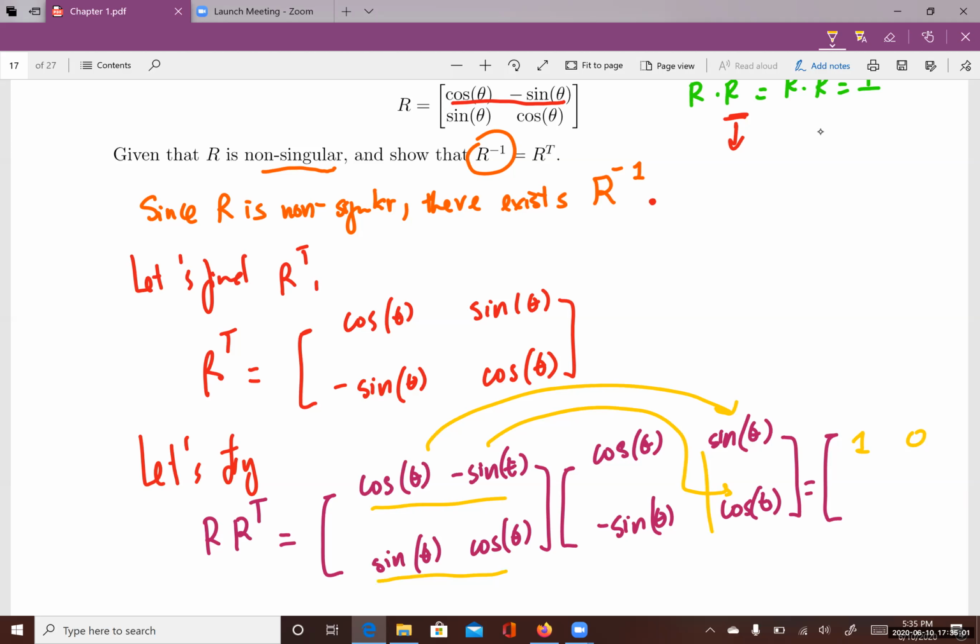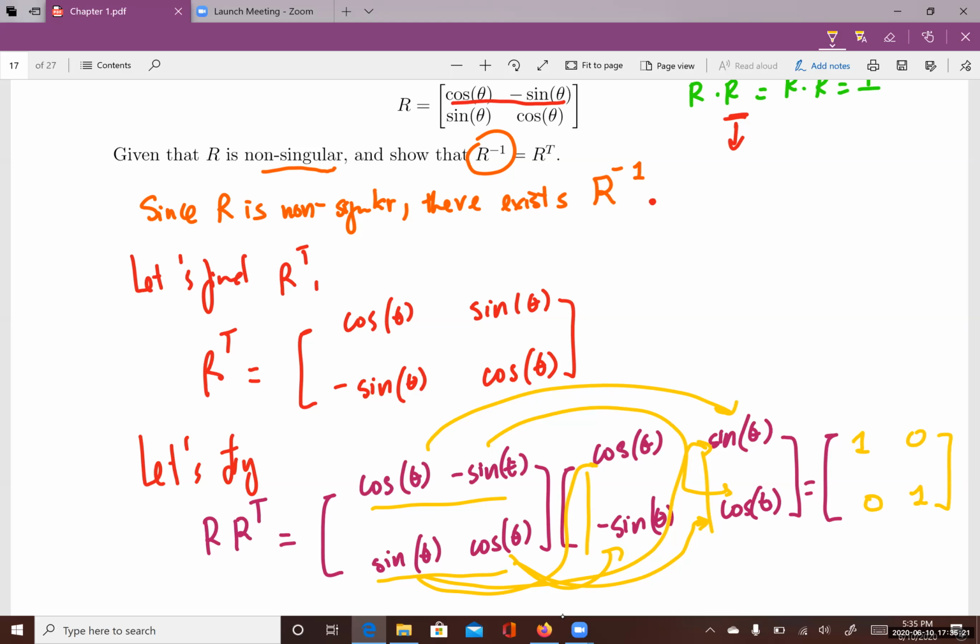Second row, first column, you have sine times cosine and cosine times negative sine, so it cancels out. Second row, second column, you have sine times sine and cosine times cosine, so you have sine squared plus cosine squared, which is 1.